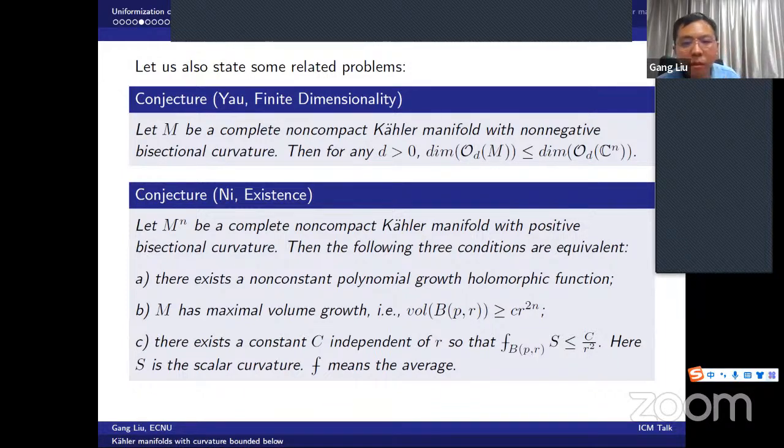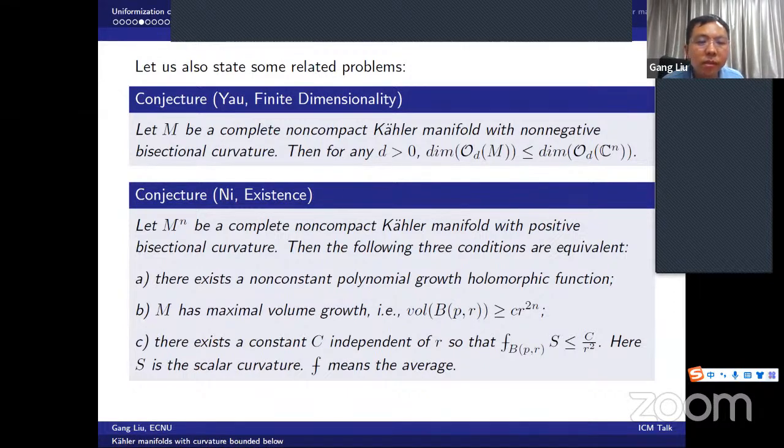In other words, the volume is proportional to the volume of the Euclidean ball up to a factor, because here the manifold has real dimension 2n, so r to the 2n is the order of the volume of the Euclidean ball.